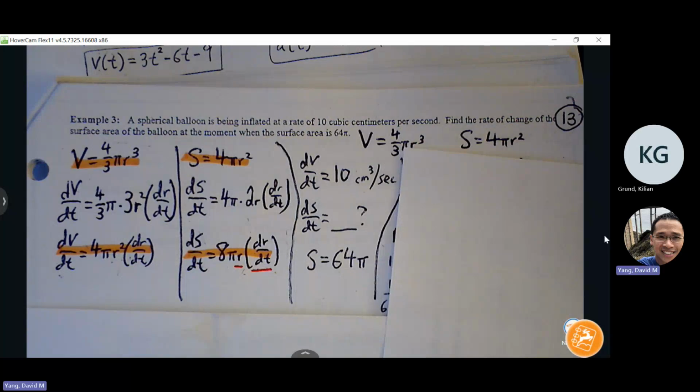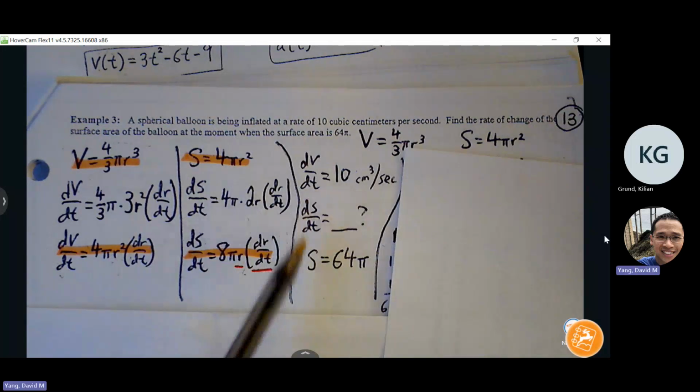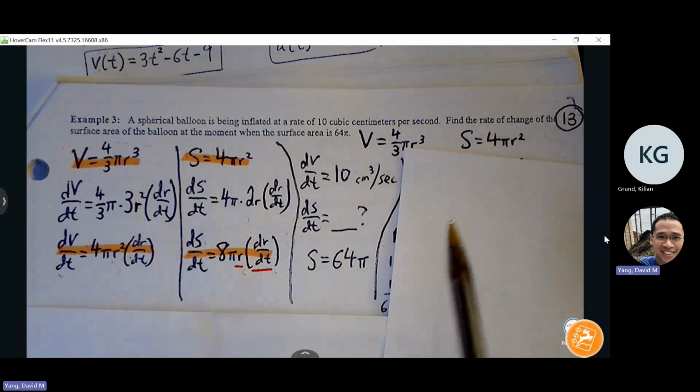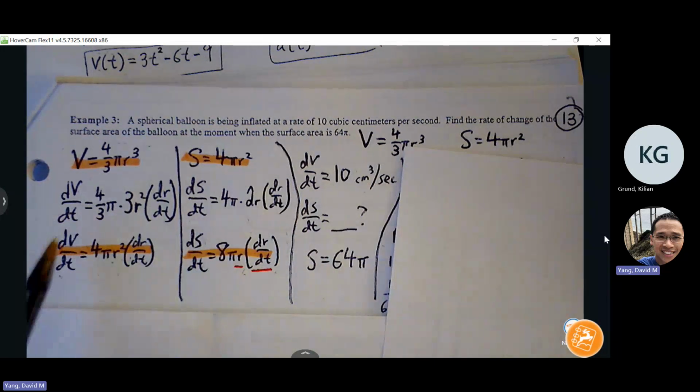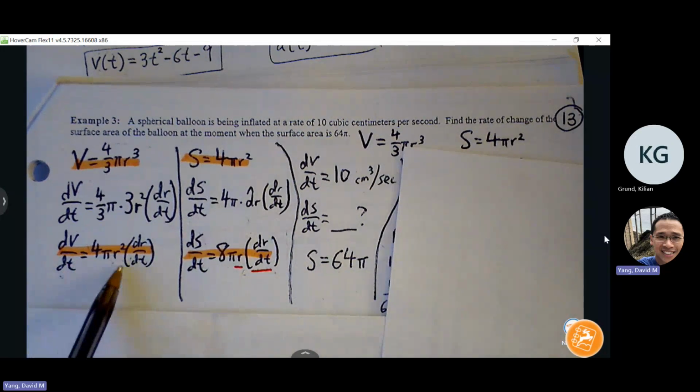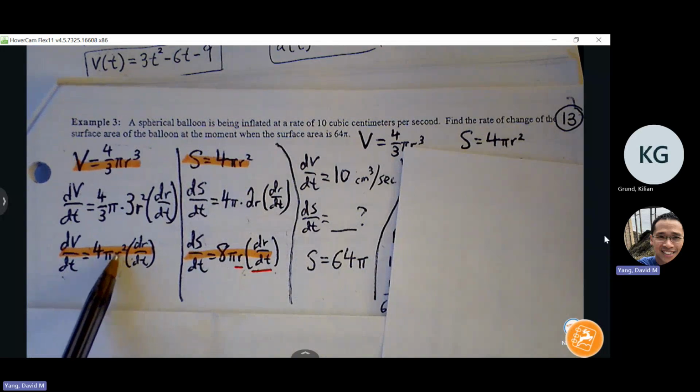So this is where this puzzle comes in. How can we see a pathway where we can get to r and dr/dt given this information? You can plug in dV/dt. Right, but if I plug in 10 for dV/dt, I'm still stuck not knowing what r is.